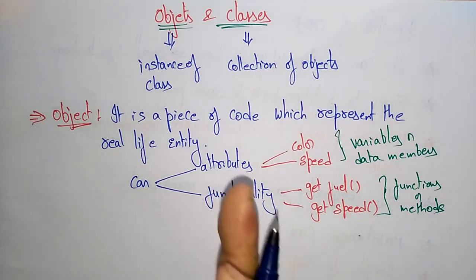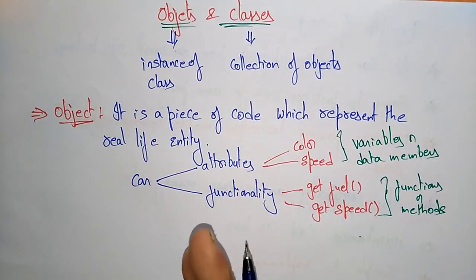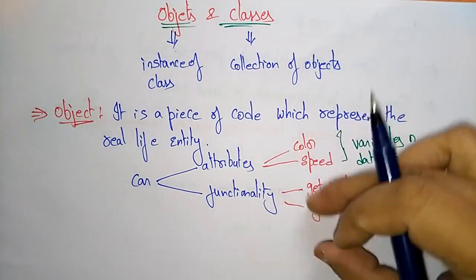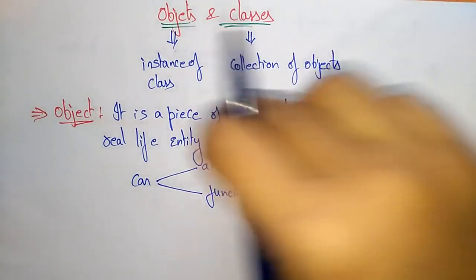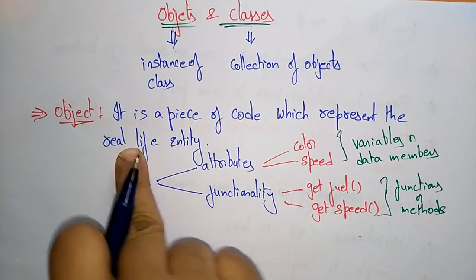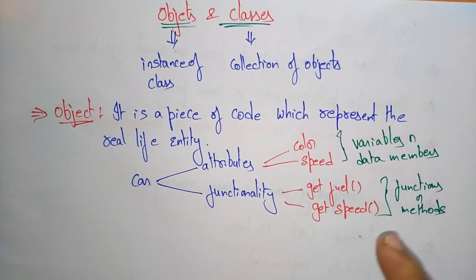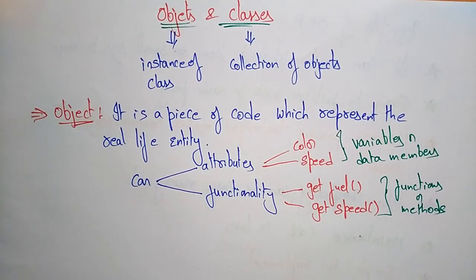So an object is a piece of code which represents a real life entity, consisting of attributes like color and speed, and functionalities, meaning functions like get fuel and get speed. These are related to the car. So that is an object.